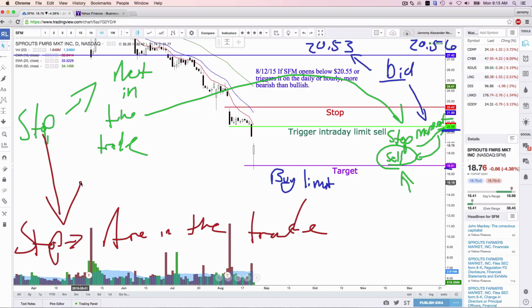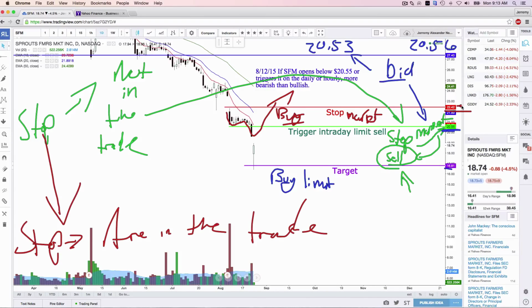Okay, so once you are actually in the trade, now you go ahead and set your stop at 22.42. This would also be a stop market, but you would buy in this area because you are getting out of the trade. You are exiting the trade for a loss. That's when you were wrong. So if Sprouts Farmers Market had traded up to 22.42, I would have been wrong on the trade.